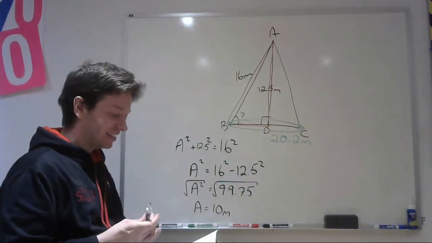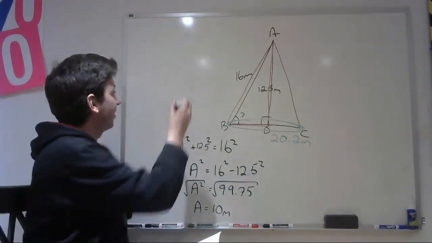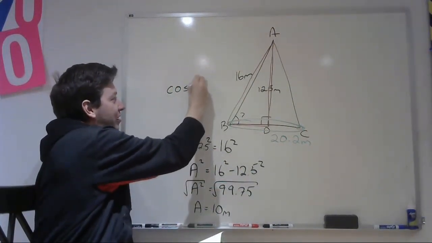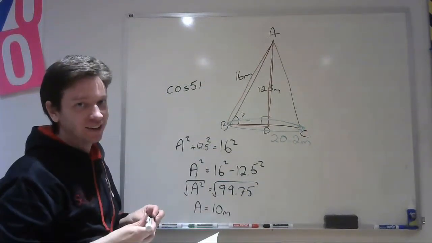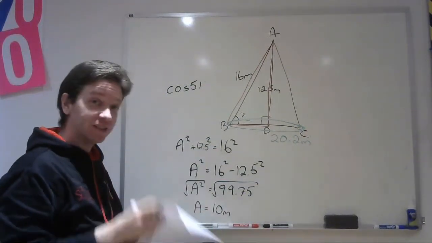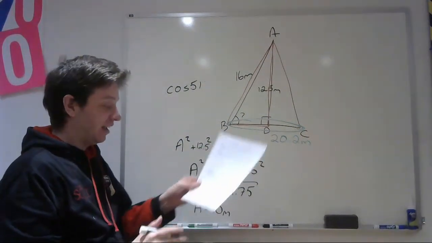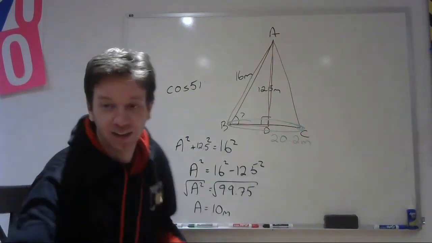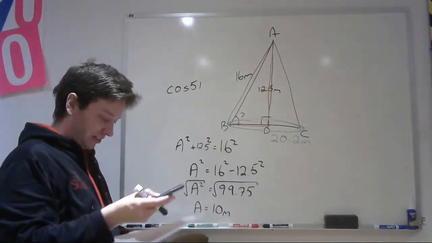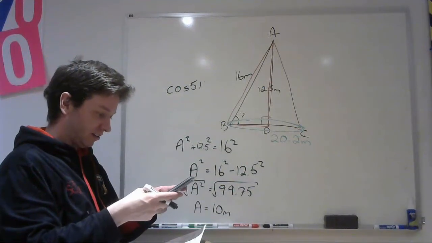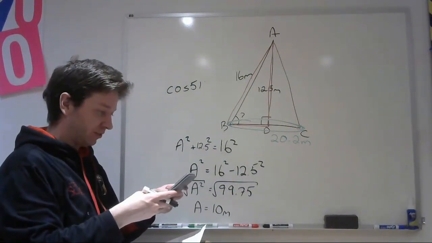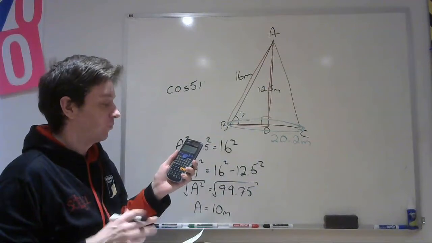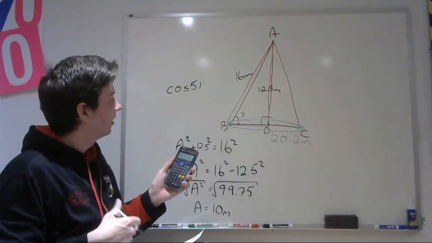Not exactly the same, but the reason is, back when I took the cos of this angle, the cos of 51, the angle wasn't actually 51, was it? If you go back to part A and do the inverse sine of 12.5 over 16, it's 51.37516713.